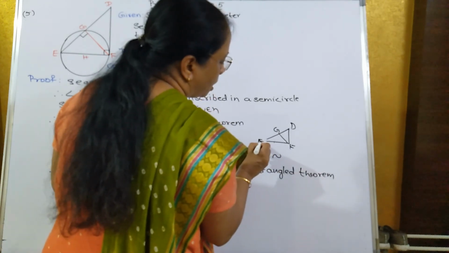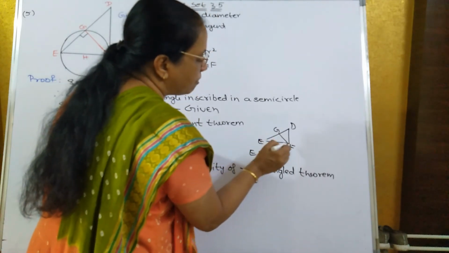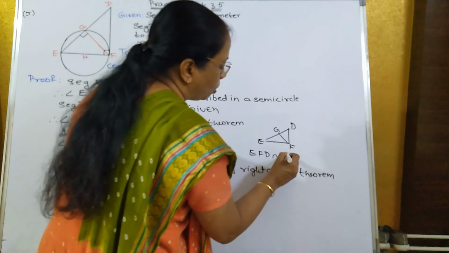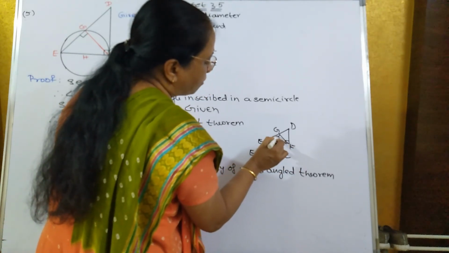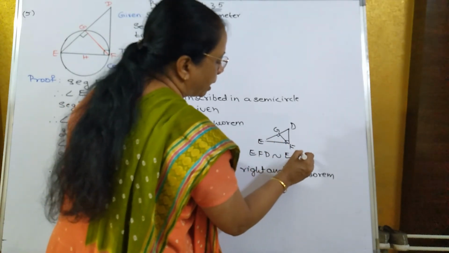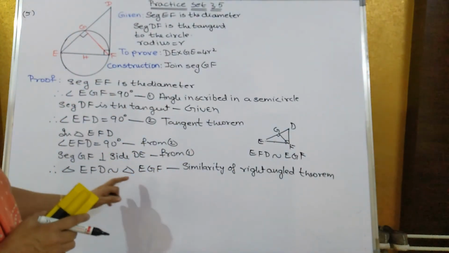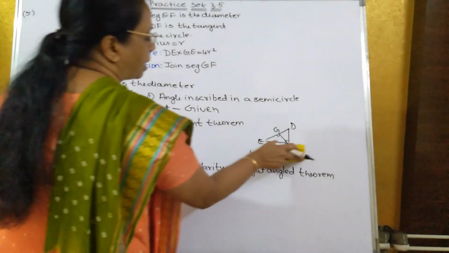Now E is common to the bigger triangle as well as to the smaller triangle. In DEF, E is common, and in GFE, E is common. And F is the right angle, so here the right angle is G, and the rest will be F. So that is how we got triangle EFD is similar to triangle EGF, by similarity of right angled triangle.